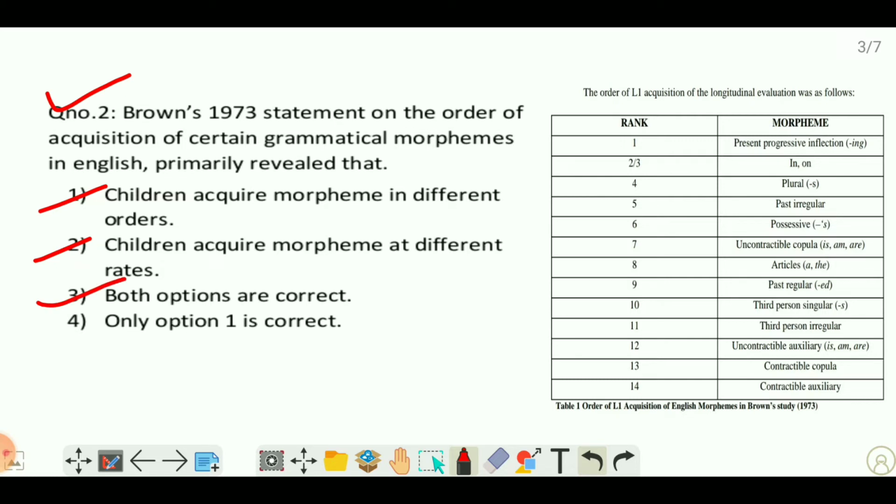Brown came to the conclusion that children do not acquire language all at once, but they acquire morphemes in different levels and orders. There may be a change in the rate of acquisition, depending on the capacity of a child, but the acquisition order is universal. So the acquisition order of morphemes in a language is given here in the table.